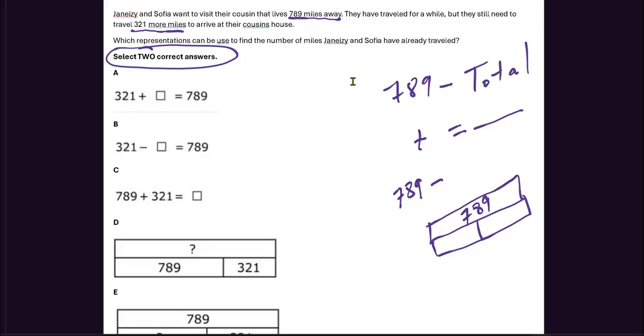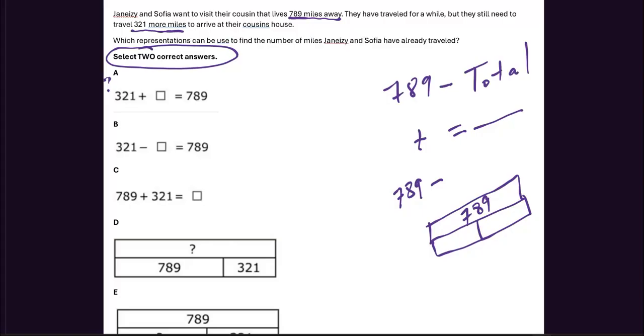A says 321 plus 789. Okay. So 789 they're adding. So 789 should be after the equals. And yes, it is. And then you have 321. So this would be a maybe.